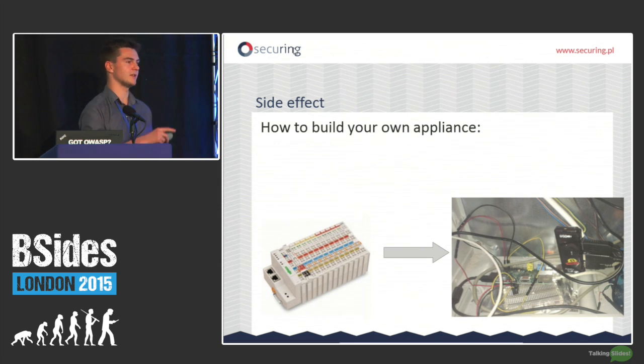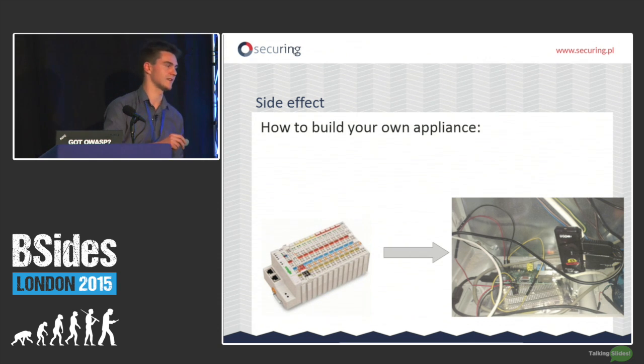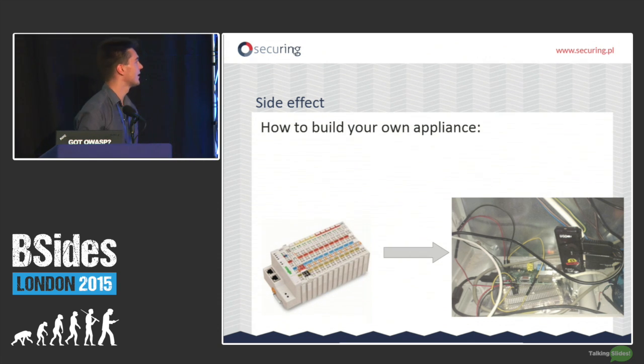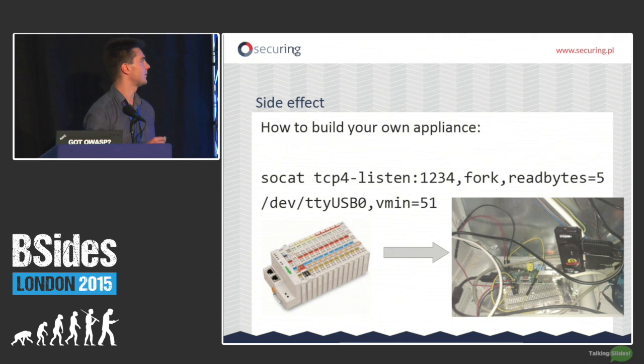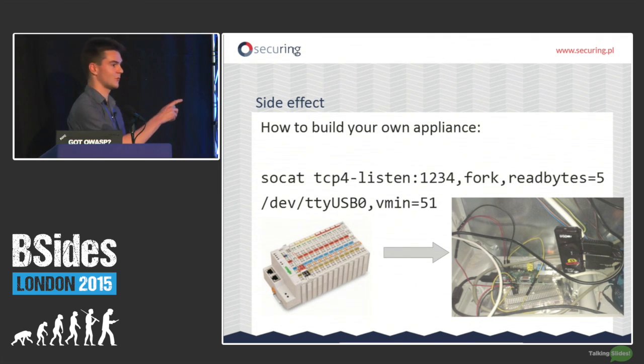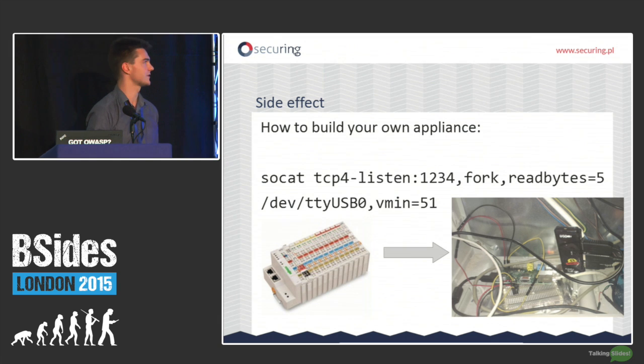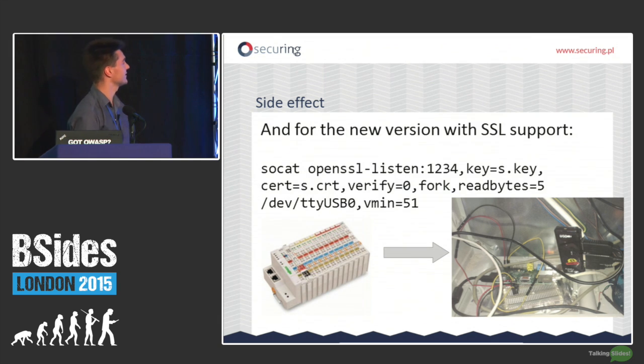And he emulated everything that was in this box by a simple Raspberry Pi connected to his sensors and everything in the smart home, and writing 1 line of bash code, which emulated the first version of the software. And after adding the SSL, it was actually still 1 line of code, but a little bit longer. So this is how it works.